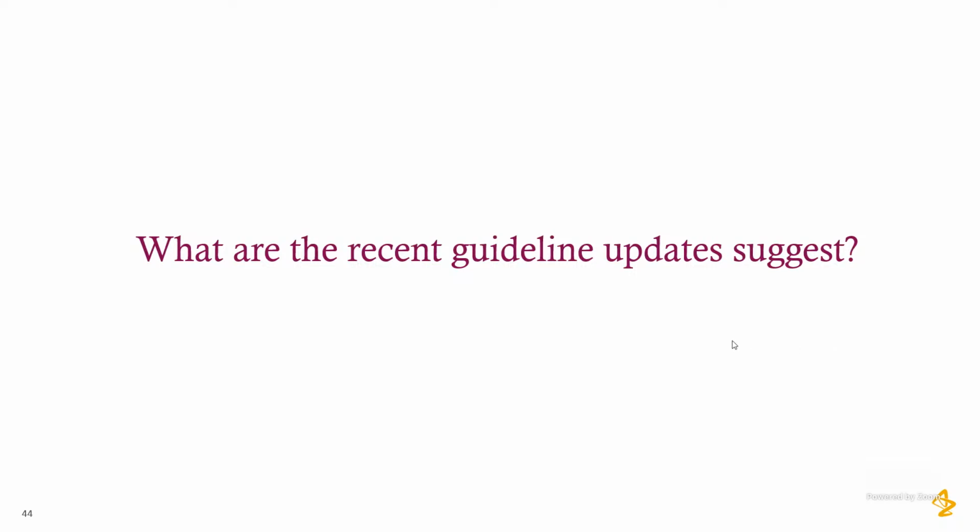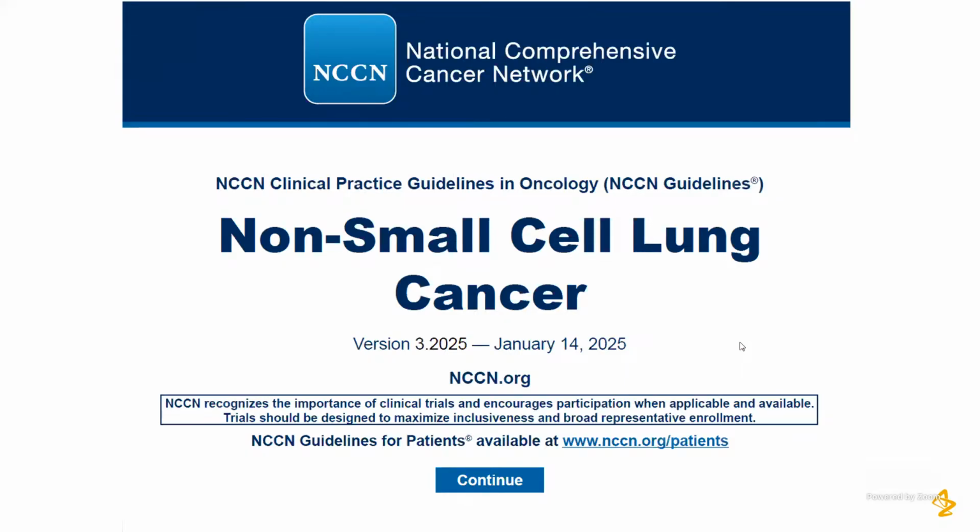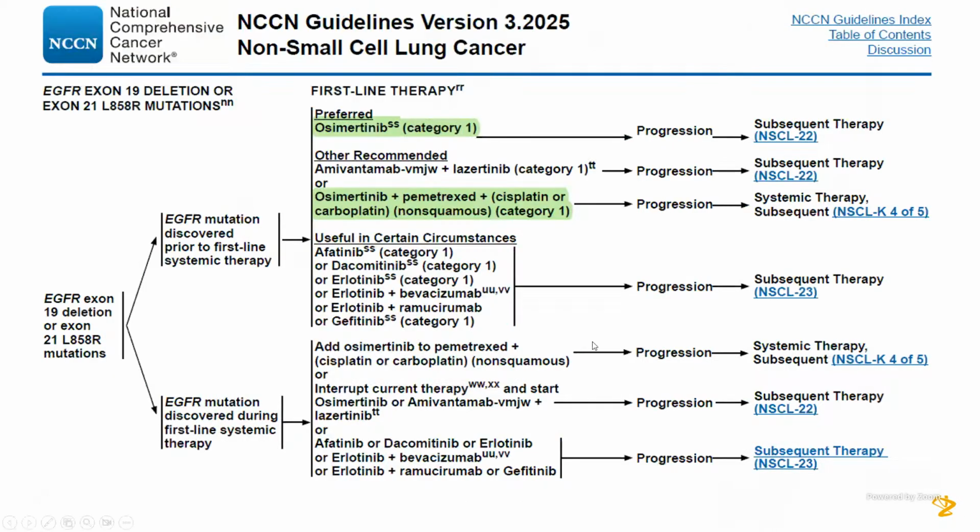And what do the recent guidelines say? This is the slide from the 2025 NCCN guideline for EGFR exon 19 deletion or exon 21 L858R mutation, and also uncommon mutations. Osimertinib is the category 1 recommendation, and we have discussed this on the basis of the FLAURA trial.